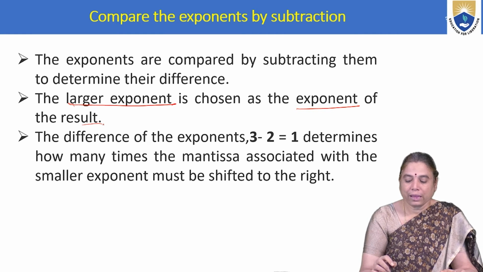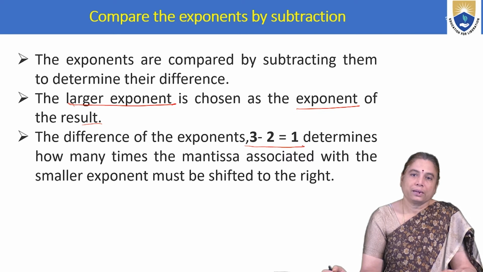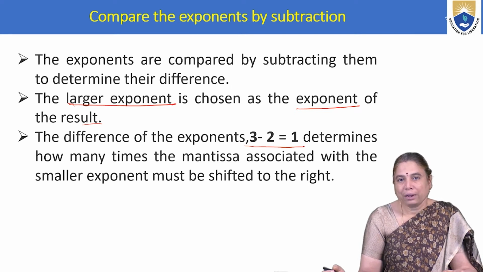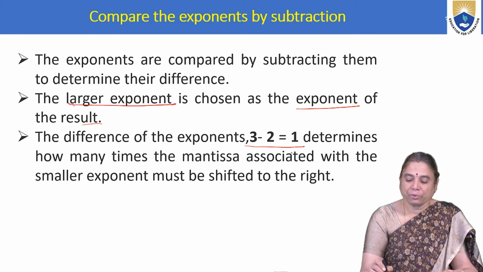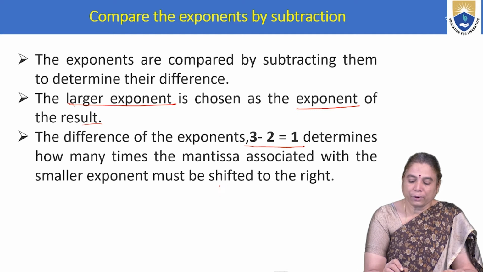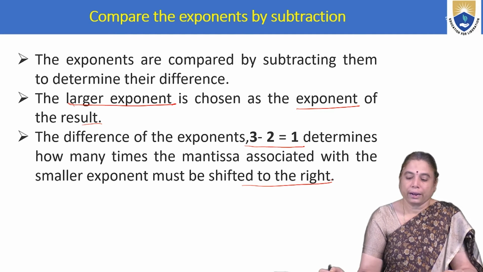The difference of the exponents, in the example where we considered small a as 3 and small b as 2, so the difference 3 minus 2 is 1, determines how many times the mantissa associated with the smaller exponent must be shifted to the right.